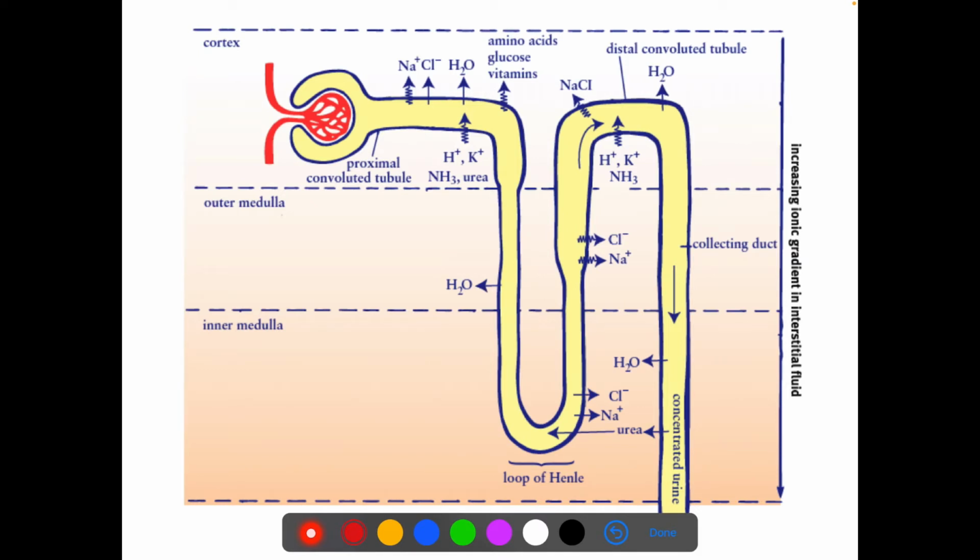Then in the loop of Henle, water and sodium are reabsorbed. Then chloride, all these things are reabsorbed. And in the distal convoluted tubule, sodium, chloride, water are predominantly reabsorbed.